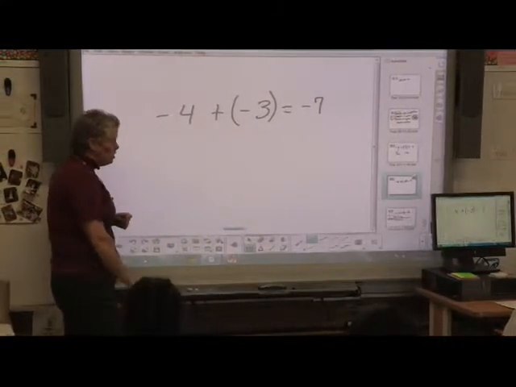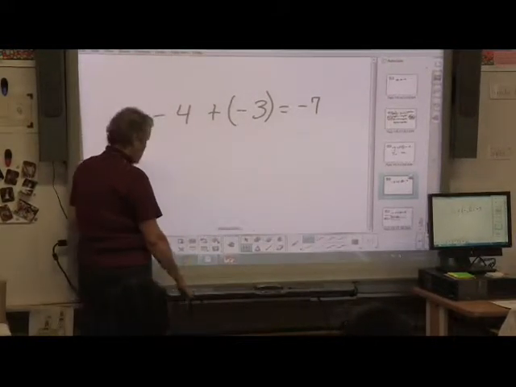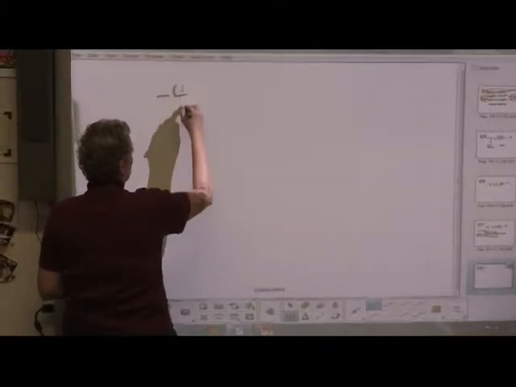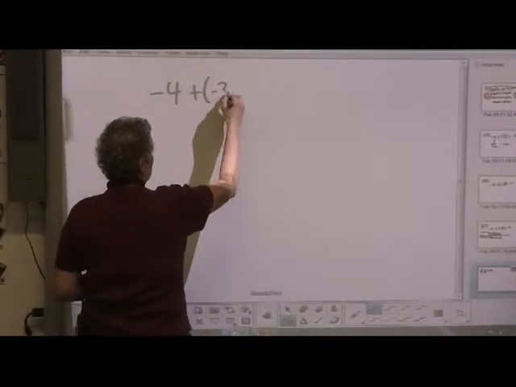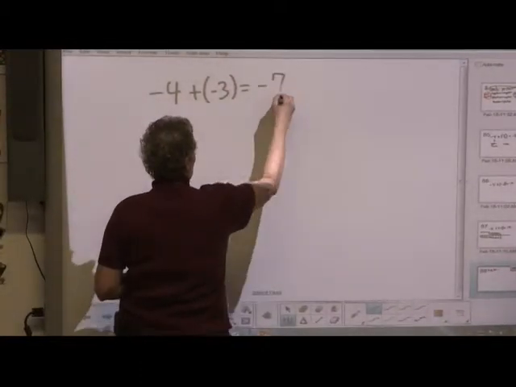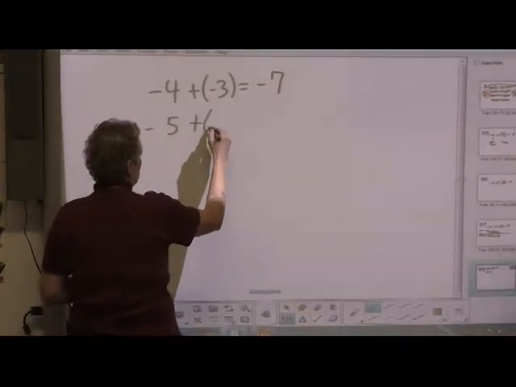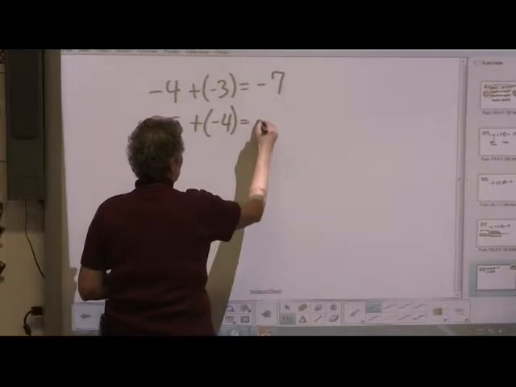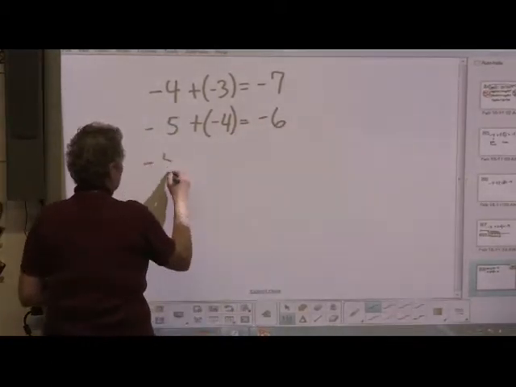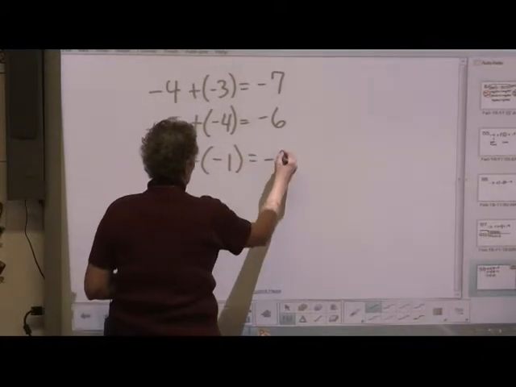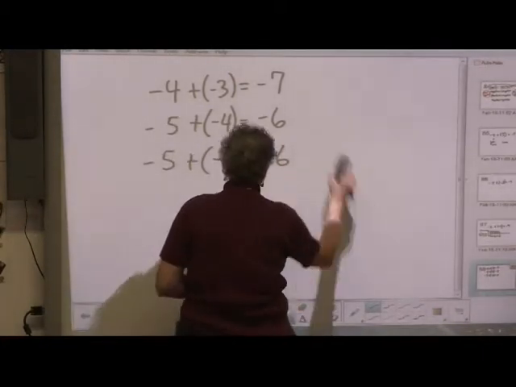Try one more. Negative 5 plus negative 1. Nope, this is negative 9.